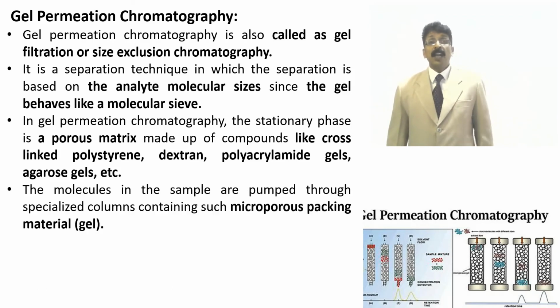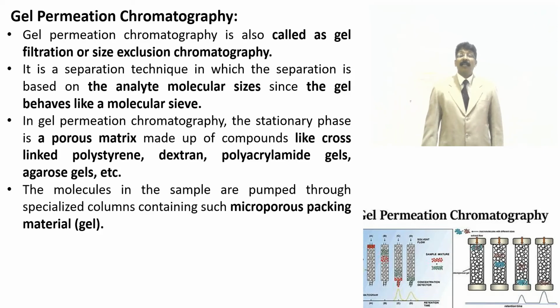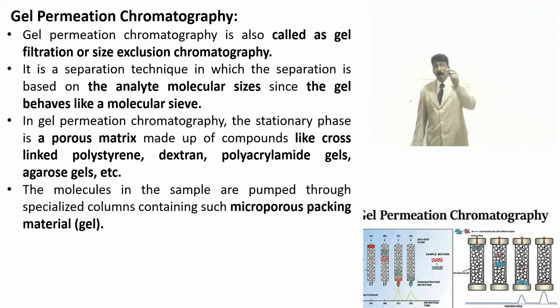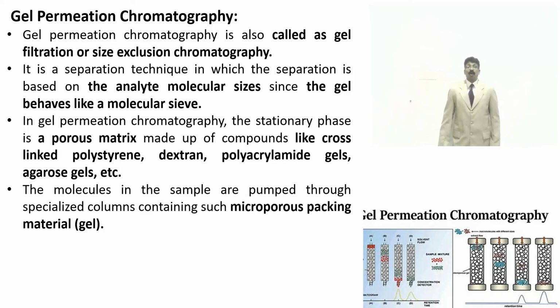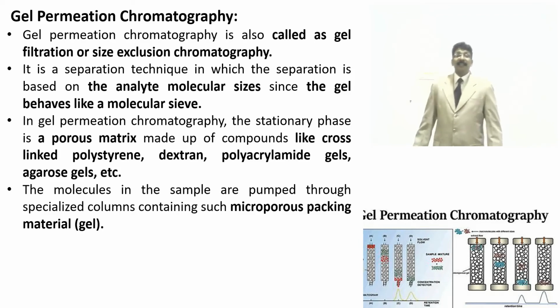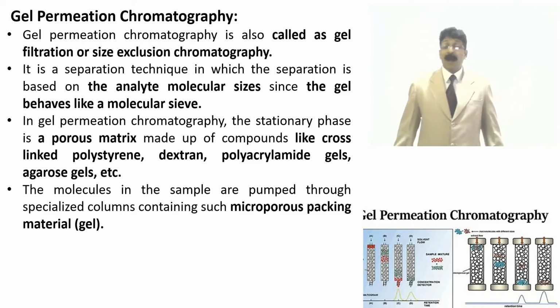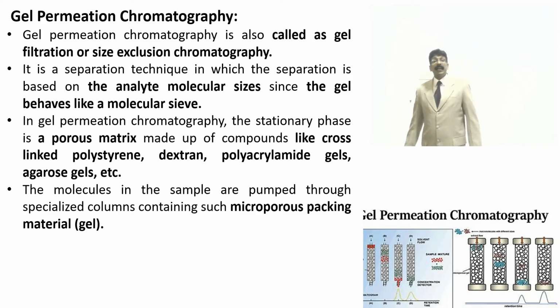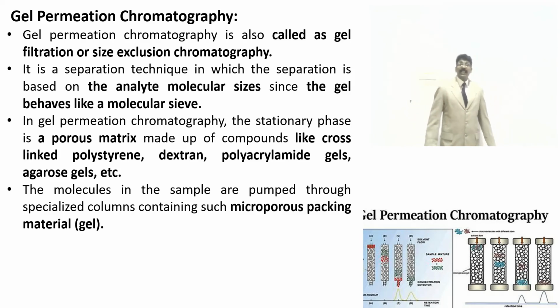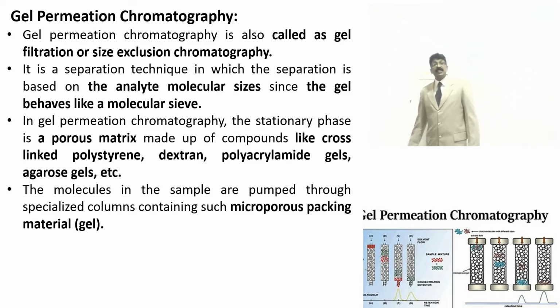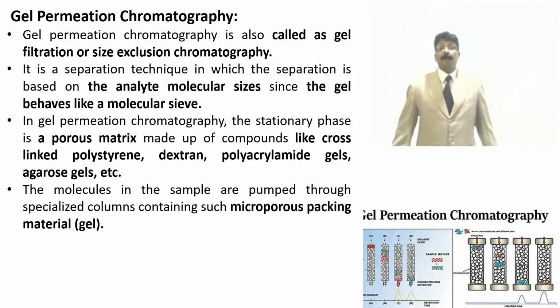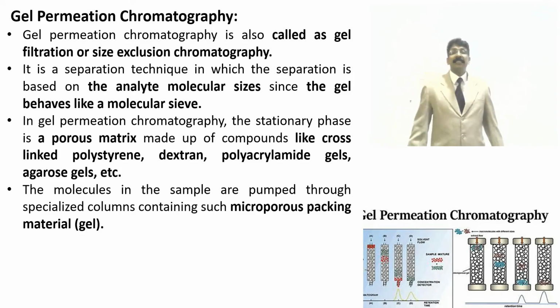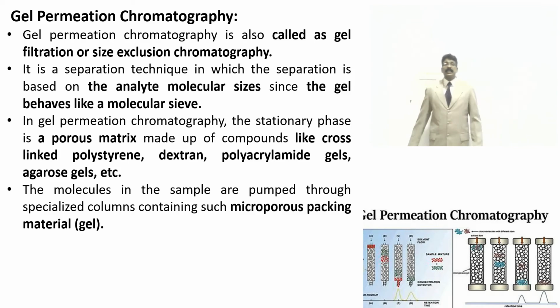The molecules and the sample are pumped through the specialized column, or a sheet, containing such microporous packing material gel, like polystyrene, dextran, or polyacrylamide gels, and agarose gels can also be used.